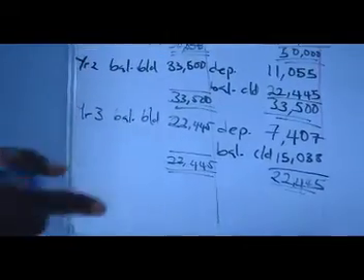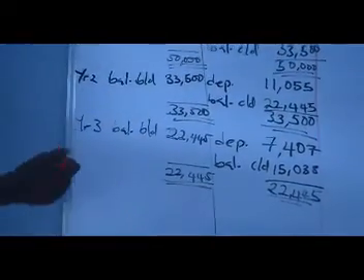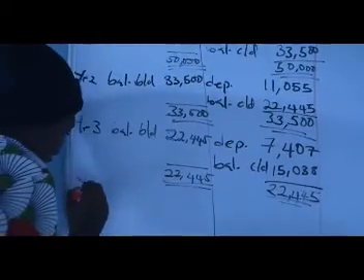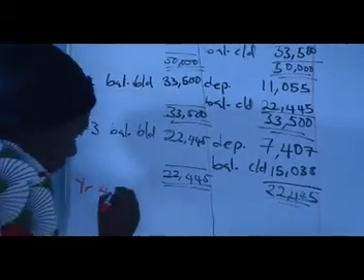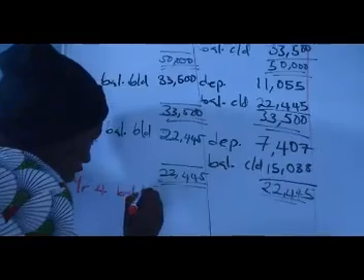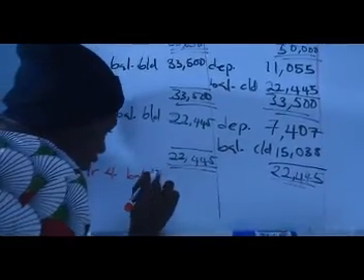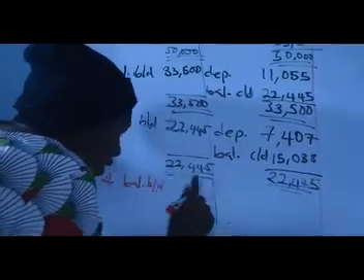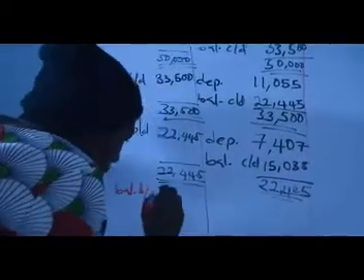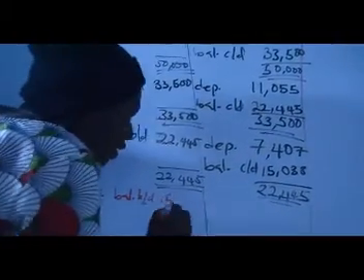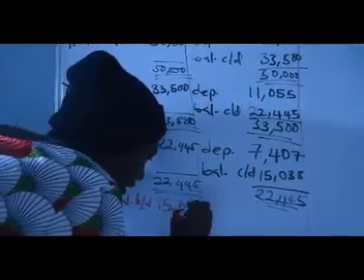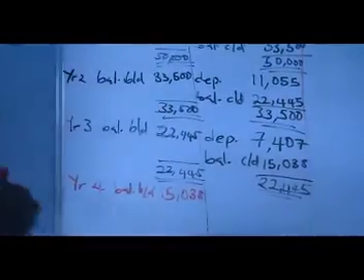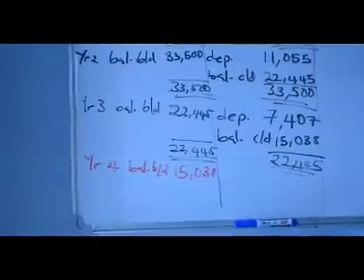let me use our red pen so we remember that there was something we did there. Now for our year 4, our balance brought down is our carry down from here, which is 15,038 naira. I hope it's clear.